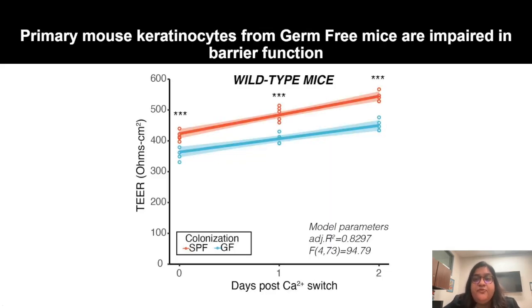If we take cells which are derived from germ-free mice and specific pathogen-free mice, to my surprise, what I found was that the germ-free primary mouse keratinocytes were impaired in barrier function. In this figure, in blue are cells which came from germ-free mice, and over several days of calcium-induced differentiation, we never see the epithelial resistance reach where it was for SPF mice.